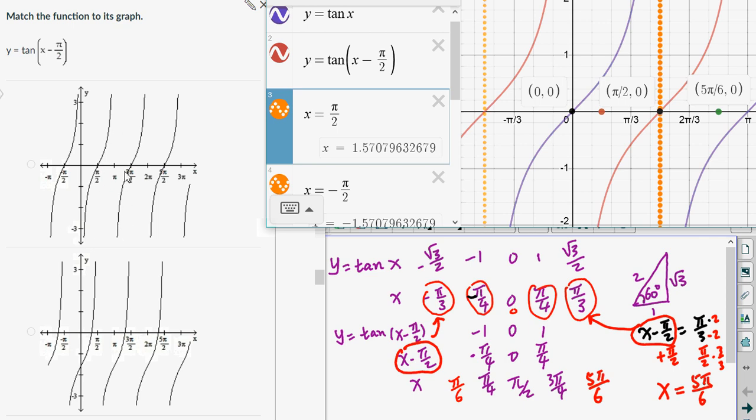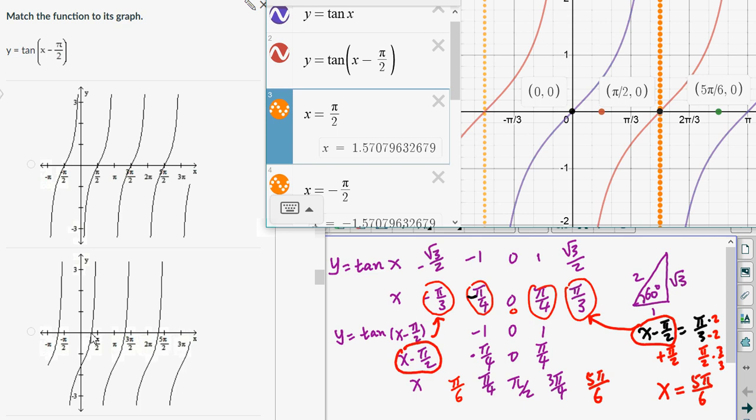Another period will be like this. From 0 to pi is one period. From pi to 2 pi is another piece, a duplicate of this one. So this answer will be the correct answer. And this answer will not be, because you can see right here, this is not the starting point.